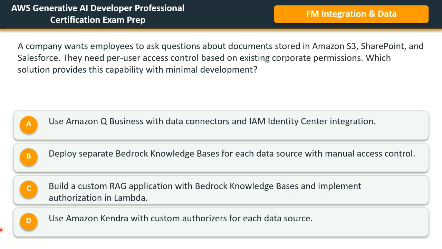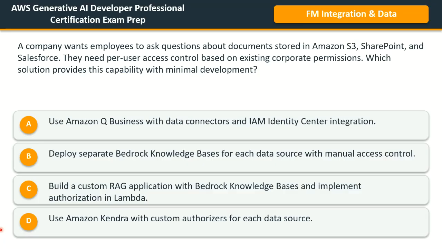B, deploy separate Bedrock knowledge bases for each data source and manual access control. Option C, build a custom RAG application with Bedrock knowledge bases and implement authorization in Lambda. D, use Amazon Kendra with custom authorizers for each data source. The correct answer is A.